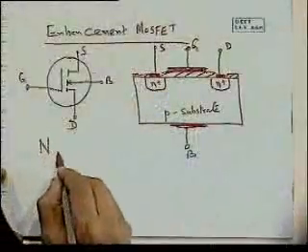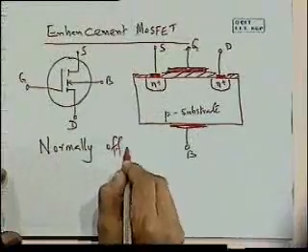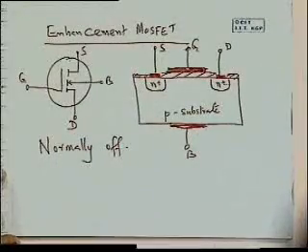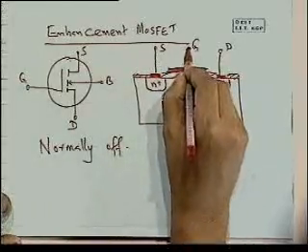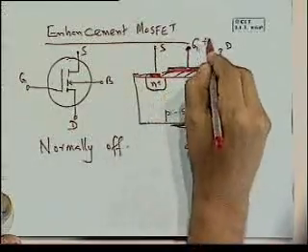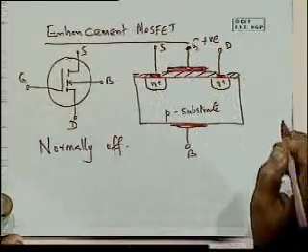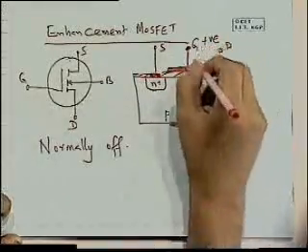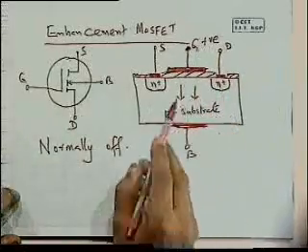So in the absence of any biasing to the gate, nothing is going to flow between the source and the drain, and in that sense this is a normally off device. But now instead of applying a negative bias to the gate, we apply a positive bias to the gate. And when we do that, effectively we repel holes from below the gate.